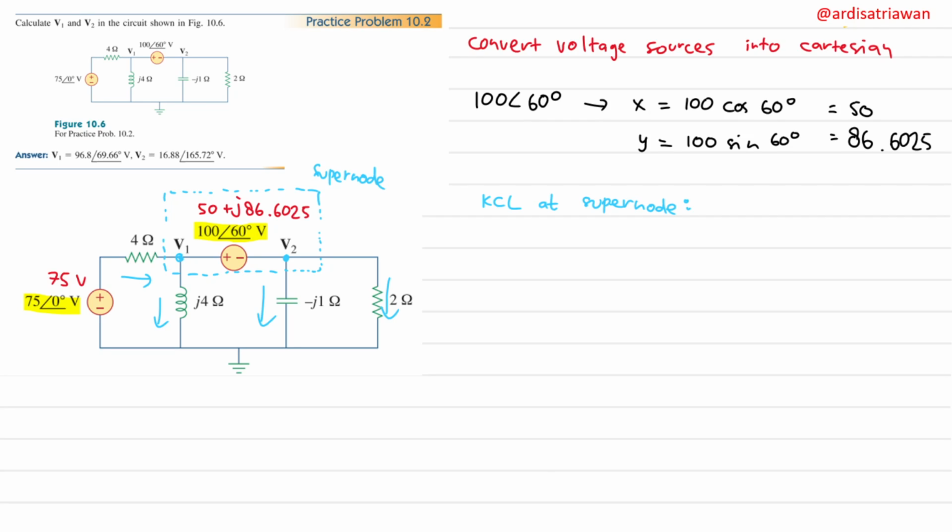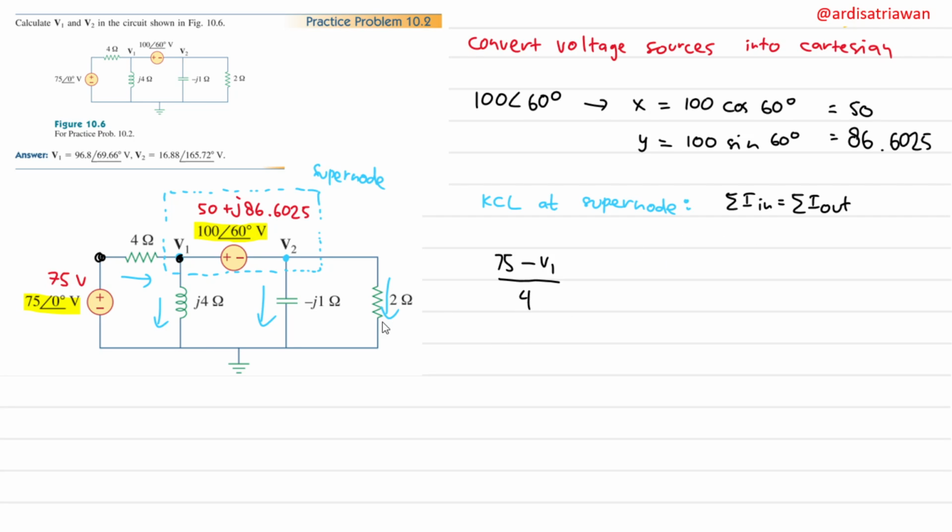Let's change the color. Use black here, and KCL says that the sum of the currents that go in is equal to the sum of the currents that go out. And the only current that goes in is from this voltage, but this voltage is this node here, 75, minus this node here, V1, divided by the resistance between them, which is 4.